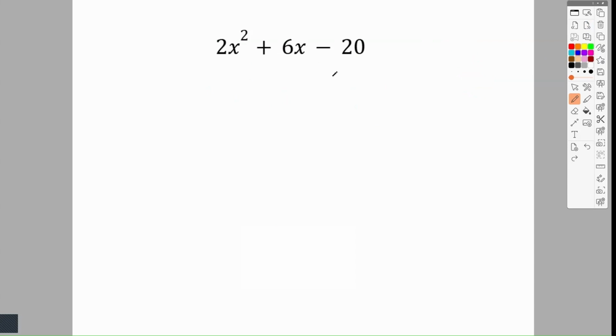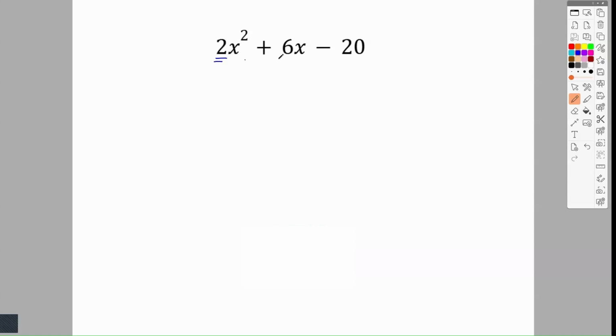So this kind of expression has a coefficient more than 1. The leading coefficient here is 2: 2x squared plus 6x minus 20. The first thing to do is think about this number here, 2.